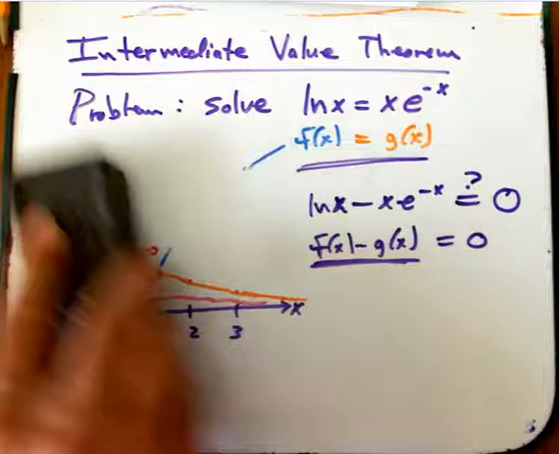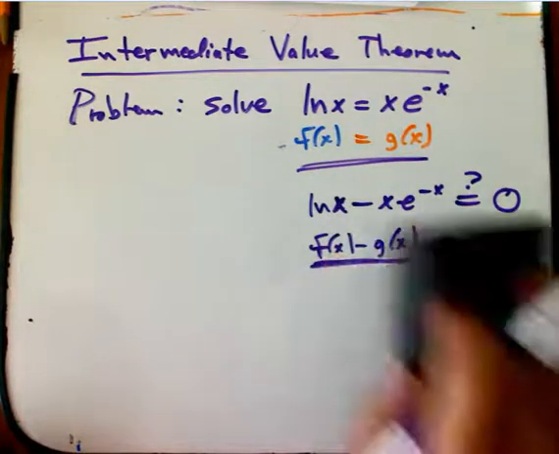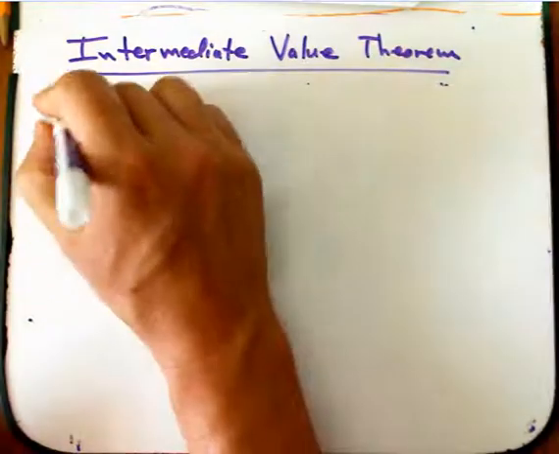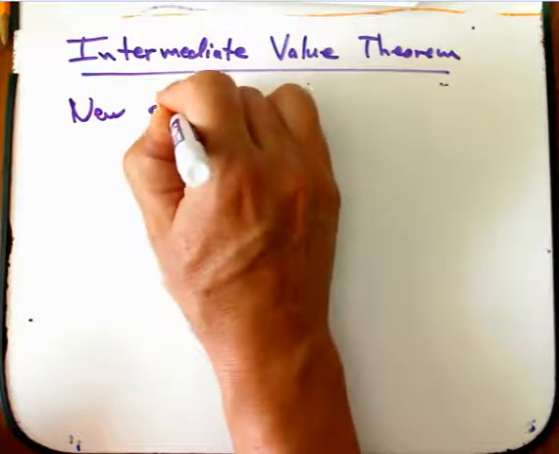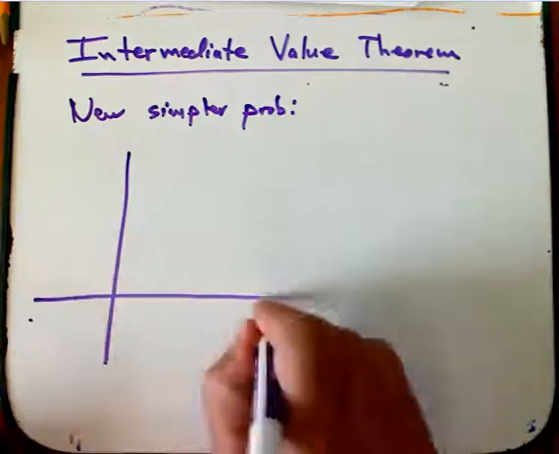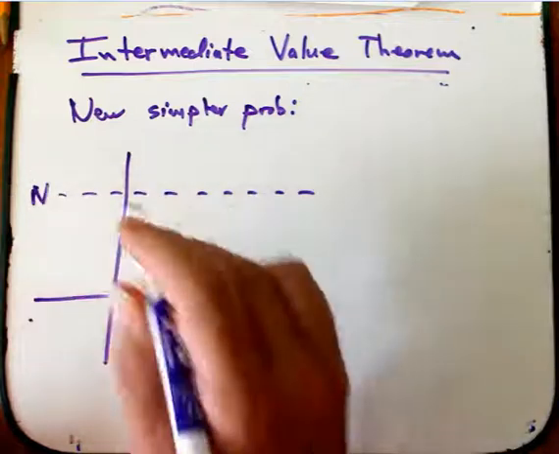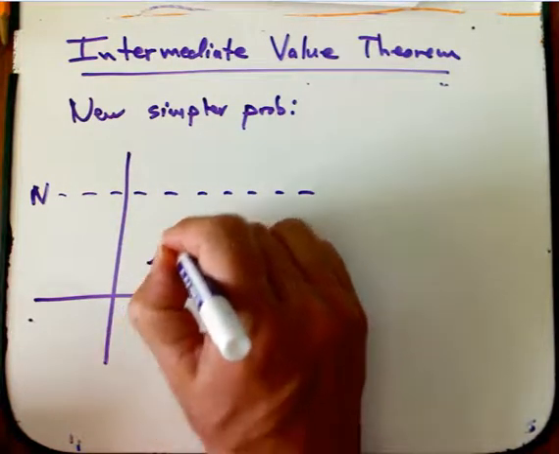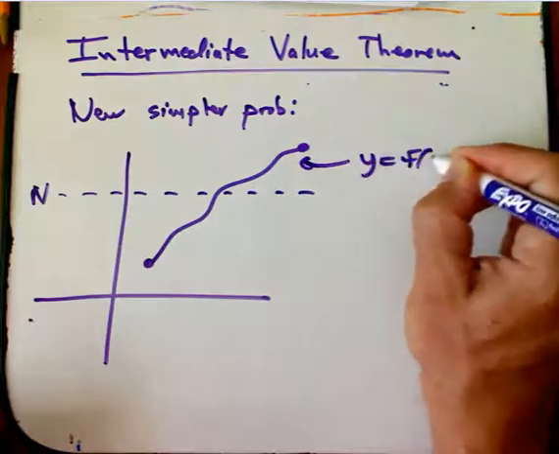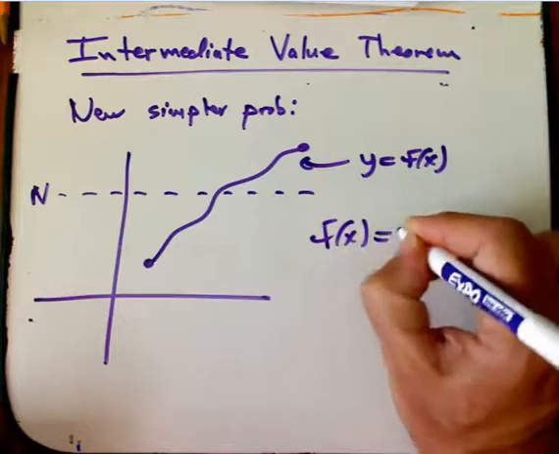So the graph of that, I'm going to leave the details to the next video. Let's even erase this. We'll come back to this exact problem. Don't worry, we'll say more about it. So the new simpler problem is, when can I assert, let's say n is what our book uses, given some function and some value, that I must be able to solve f of x equals n?